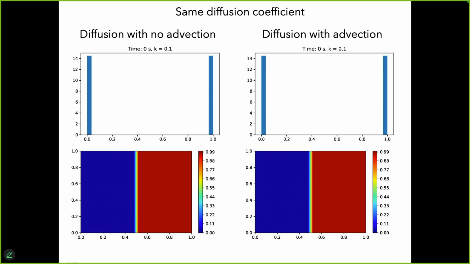And I'm initializing my problem, half of it scalar value 0 and the other half 1. And I have a velocity field in the middle that's similar to you stirring your cup. So it's a velocity field that's going to spin, and I'm going to spin this initial condition.